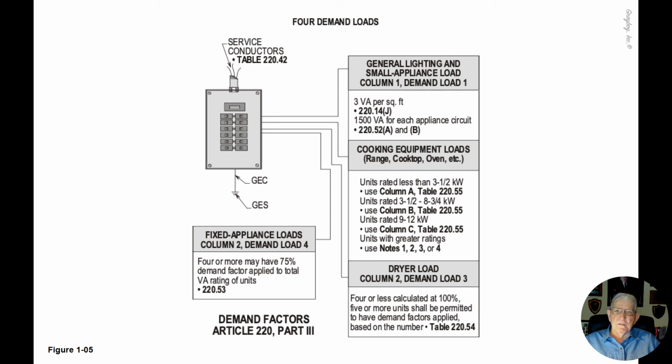Now, for the fixed appliance loads, if you have 4 or more fixed appliances present in your dwelling unit, then you can apply a 75% demand as permitted in your 220.53 section.